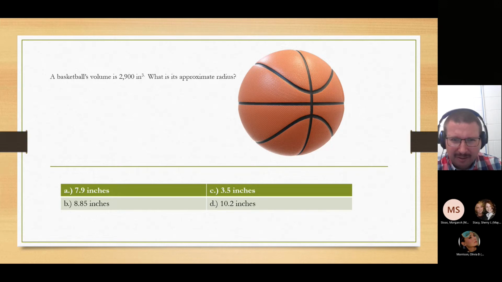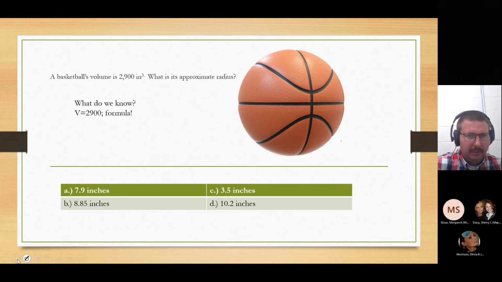That's all we know? That's it? That's all we need. We know the volume is 2,900. We do know that. Why do we know that? Because the question says that. What else do we know? Well, in our formula sheet, we have the volume formula.